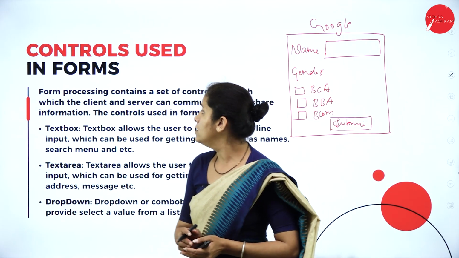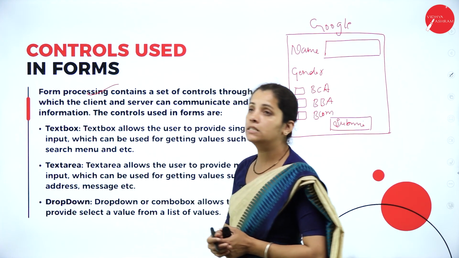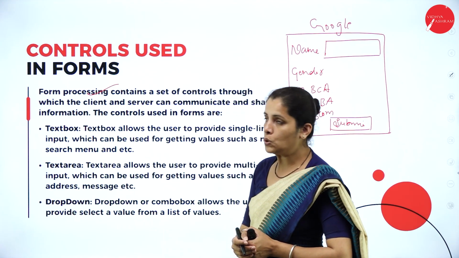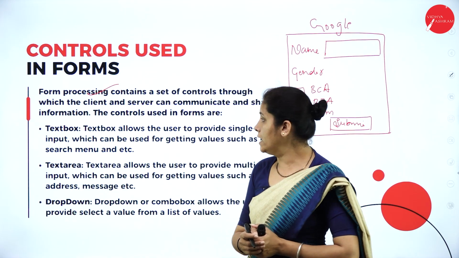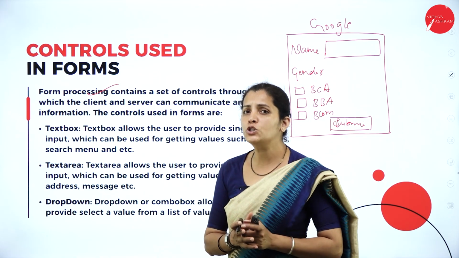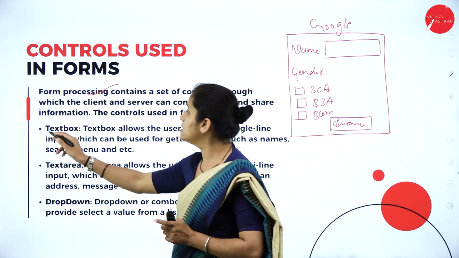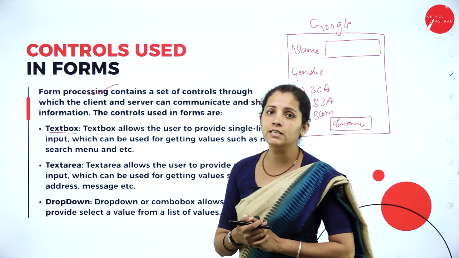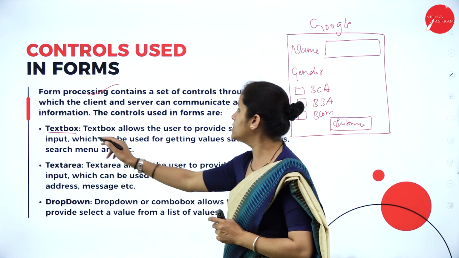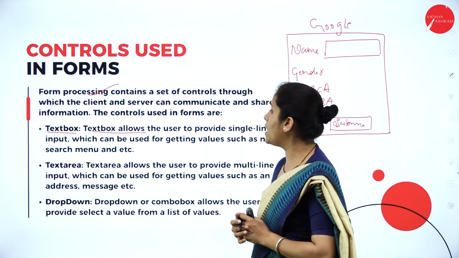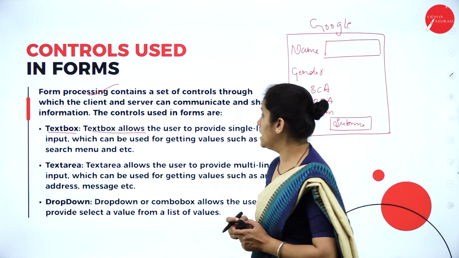Now, see here, form processing contains a set of controls. Through that, the client can provide the input. Now, the most common form control is the text box. Text box in the sense what? User wants to provide the input. So text box allows the user to provide single line input.